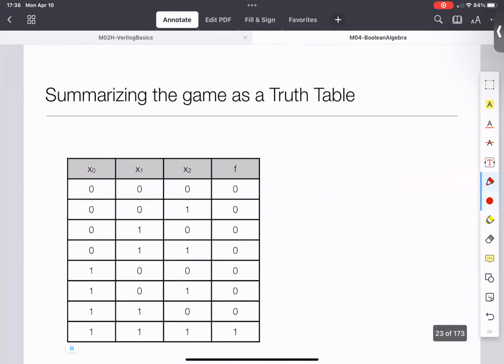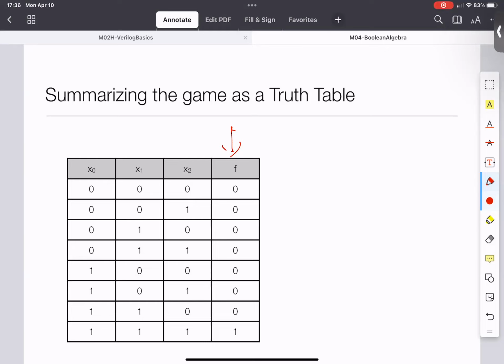But whatever works. What matters more for us is I can always summarize all of these things as a truth table, right? If I give you a 3-input function, then I'll have 8 rows, and then my column would represent what happens for each row. And how many distinct possible 3-input functions exist? 2 to the power 8, right?